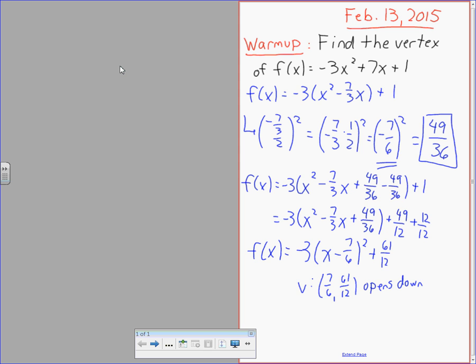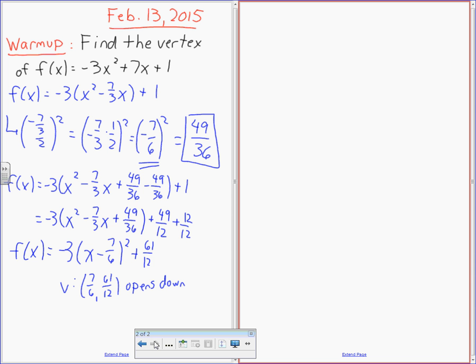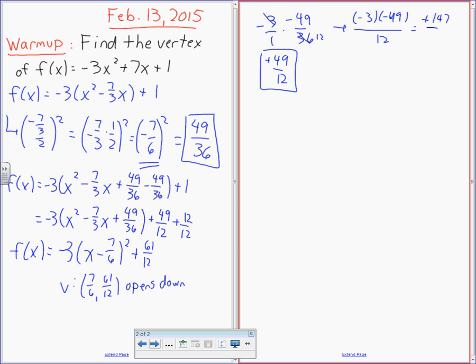So what I did there, I'll show it up here: negative 3 over 1 times negative 49 over 36. What I did is I just cheated like this, and I called that a 12. So it's positive 49 over 12. If you don't like that way, you can do negative 3 times negative 49 over 12, which is positive 147 over 12, which in lowest terms is 49 over 12.